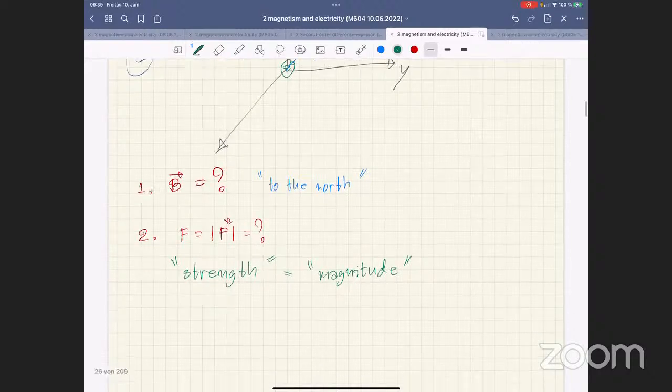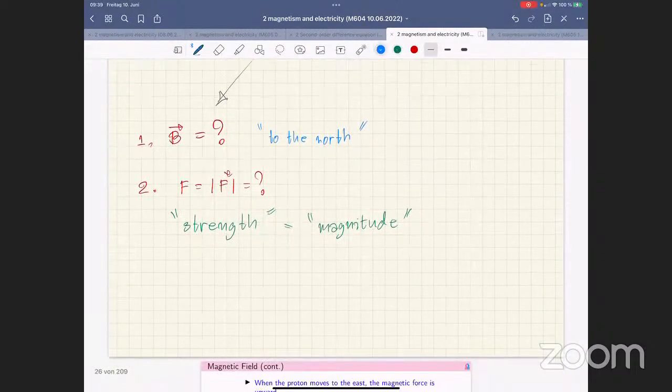We need to use the typical formula, right? F is QVB sine theta. And Q is, of course, 1.6 times 10 to negative 19 Coulomb, right?